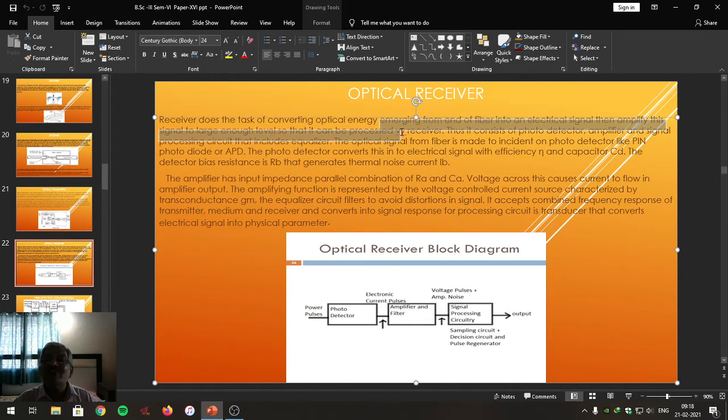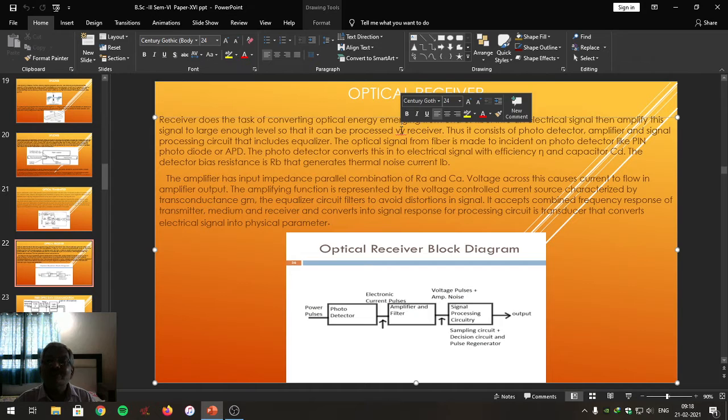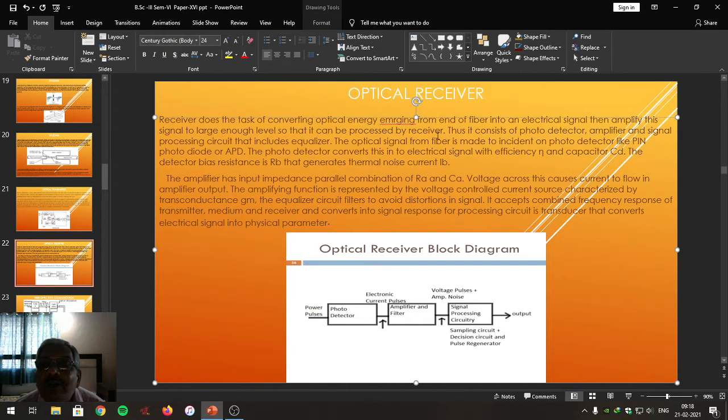Its role is to convert the optical light radiation into its corresponding electrical signal.